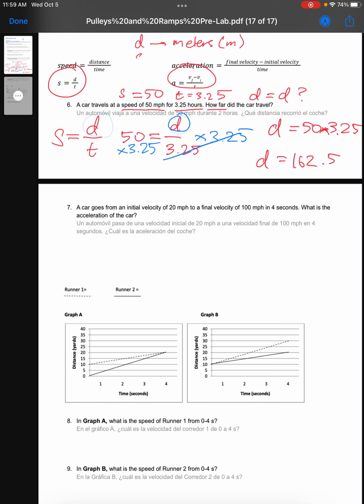The unit that goes with speed is meters per second. And the unit that goes with time is seconds. That is s. So 162.5 meters.